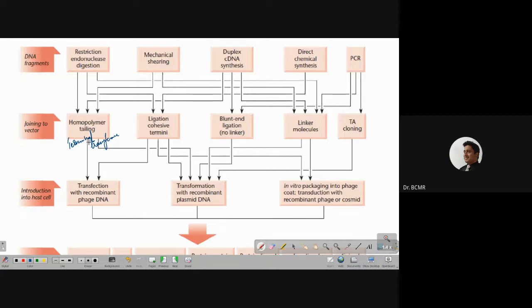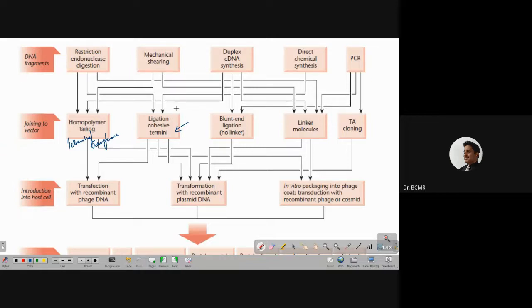So we can use GTP as substrate for the vector. For fragments, we could have used CTP. Because they are complementary, we might be able to get a recombinant DNA. Ligation by cohesive termini has identical sites.